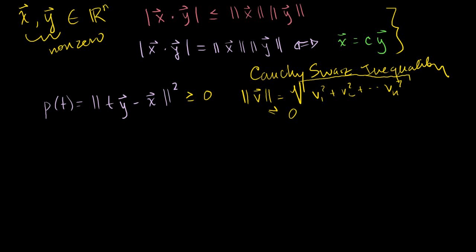Now, in the previous video, I also showed that the length of a vector squared can also be rewritten as the dot product of that vector with itself. So let's rewrite this that way. The length of this vector squared is equal to ty minus x dot ty minus x.